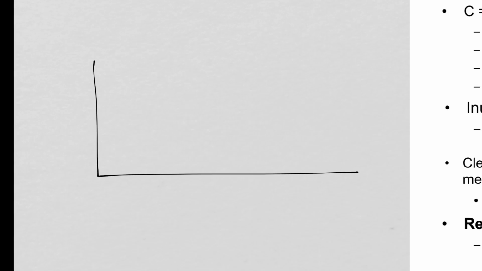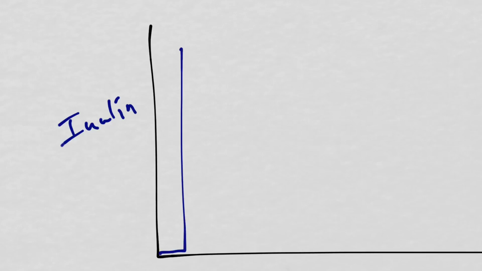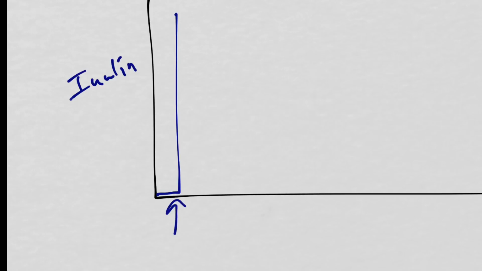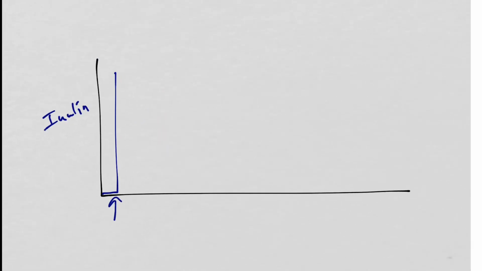And so if I inject somebody with inulin, we'll say that that's inulin concentration, and they were at 0, and then I give them an injection so their blood level spikes, and I measure it over time, you would expect to see something like this on a half-life scale.